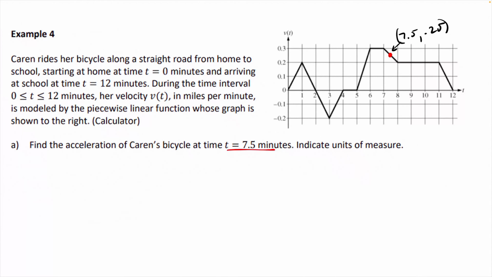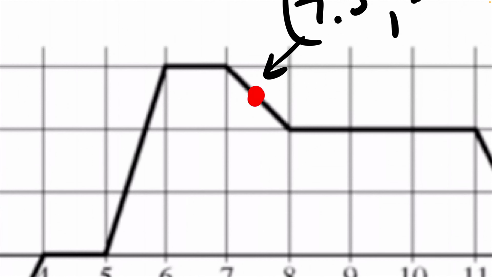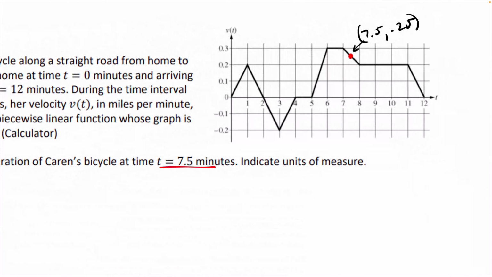So how do I find derivative of the red dot? Slope, right? Slope at the red dot. That's essentially what they're asking. It's part of this little segment here, right? And for this segment, I go down a unit, over a unit, right?